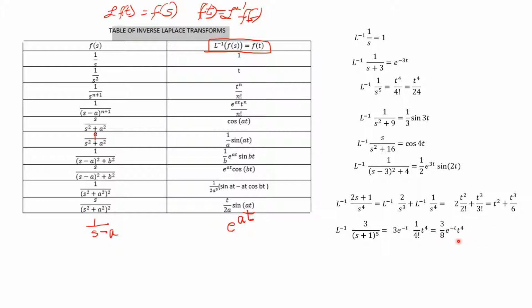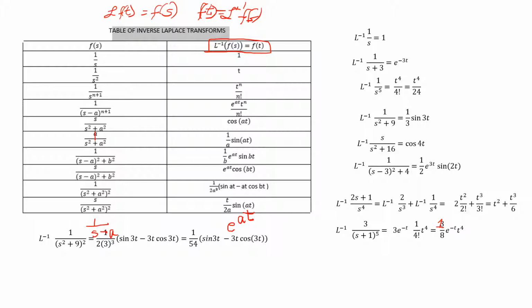This is the same as 3 divided by 4 factorial. 4 factorial is 24. 3 divided by 24 is what? This should have been 1 over 8. This is 1 over 8 e to the negative t, t to the 4th.